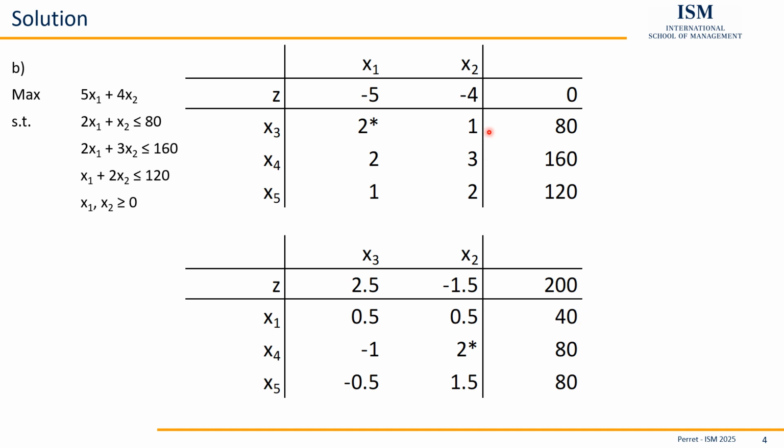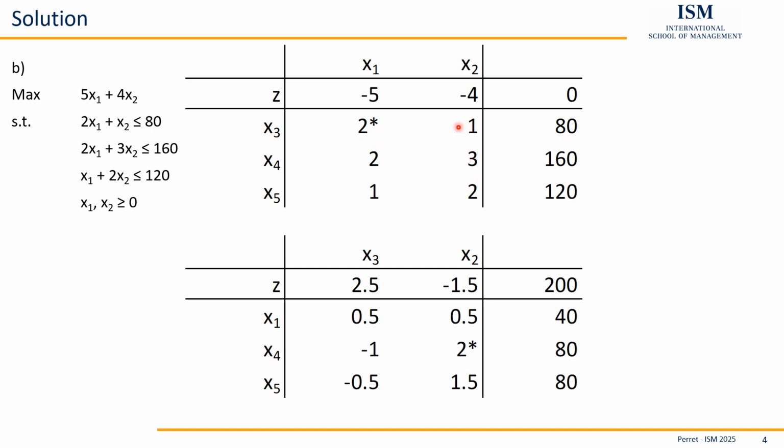I'm going to do this for all other values. For example, here, 0 minus minus 5 times 80 divided by 2. Minus minus again gives plus. So those two multiplied is 400, divided by 2 is 200. So here I have 0 plus 200, giving me 200. And I'm going to do this for those 4 as well. So for the 3, working with this rectangle, 3 minus this times this divided by this.